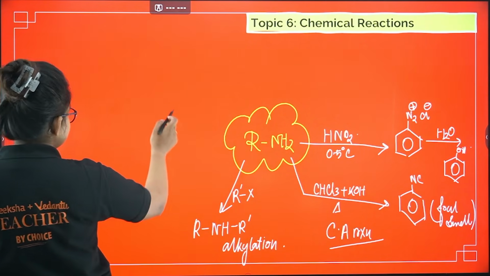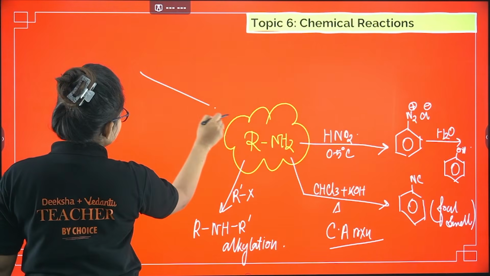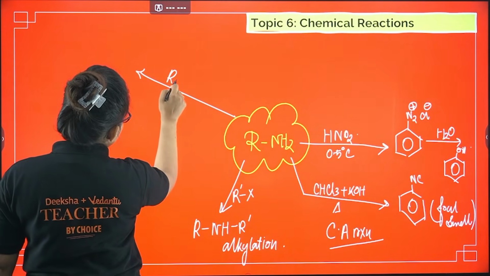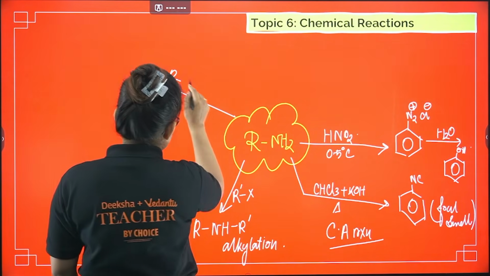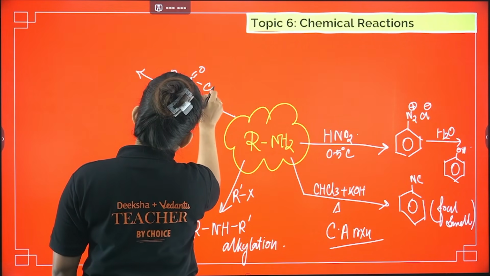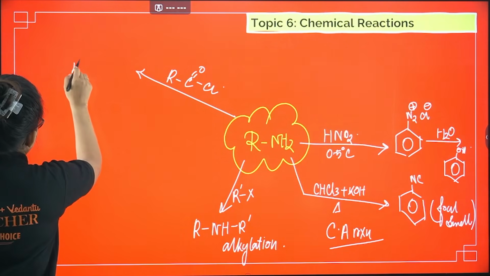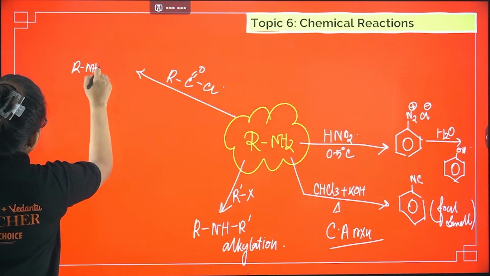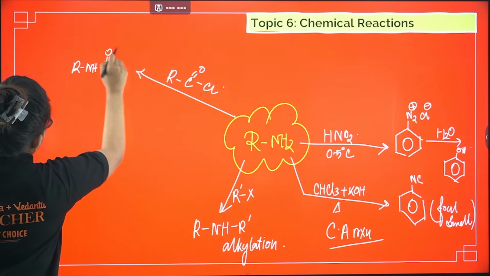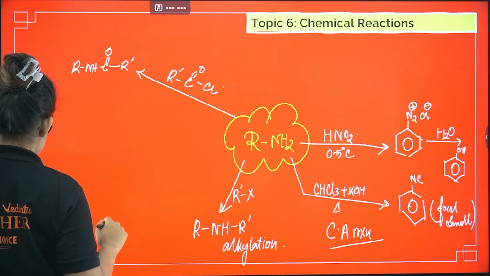Now, if you treat this with RCOCl, then this is basically acylation. You will end up with RNHCOR prime. This is your acylation reaction.